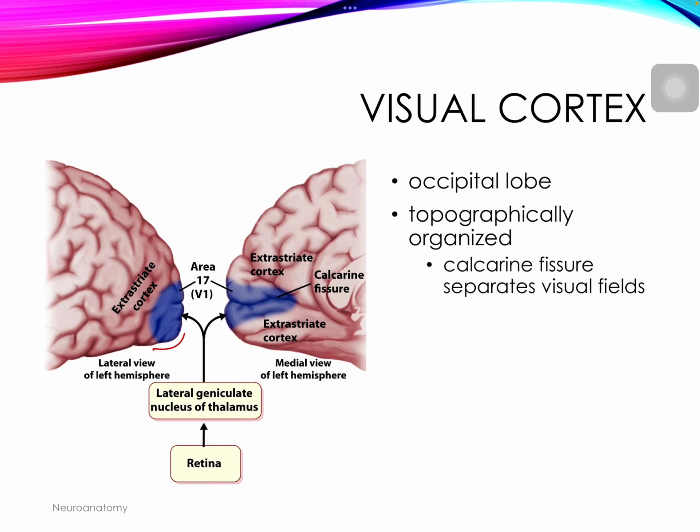Now, as we move towards the back part of the brain, we're talking about the visual cortex, and all of this area is the occipital lobe. We know that there are very specific projections from, for example, the retina through the lateral geniculate nucleus of the thalamus, which is located subcortically, and then that information is sent to the back of the brain to process.